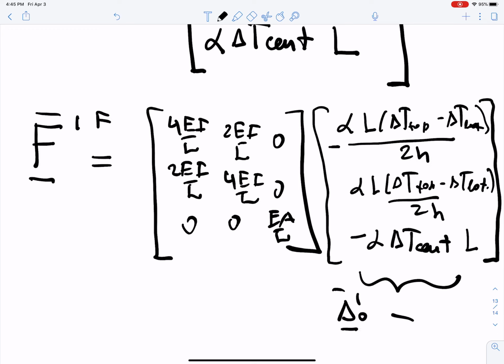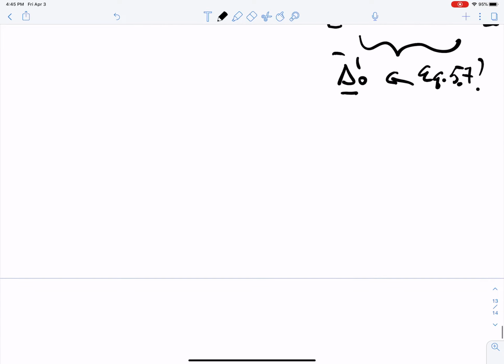If you look at the expression in equation 5.7, you get the same thing. So my derivation was a little bit different.